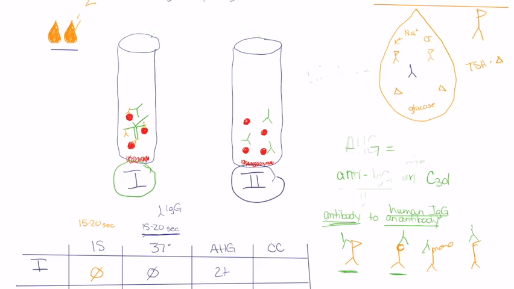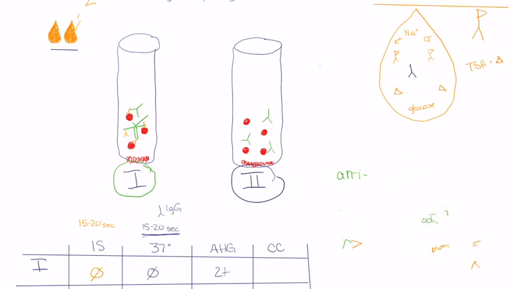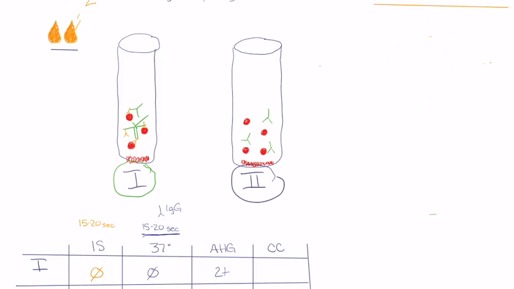Okay. So now what we're going to do is we're going to add Coombs control cells. What are Coombs control cells? So Coombs control cells, let's get another clean slate here so we can see what's going on in there. Okay. We're going to call these our check cells. What are they? So these check cells have antibodies all over them.